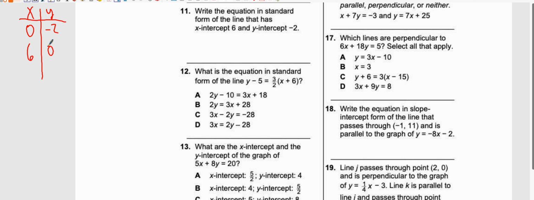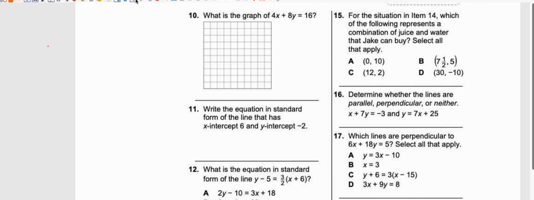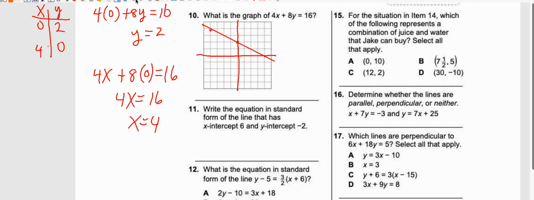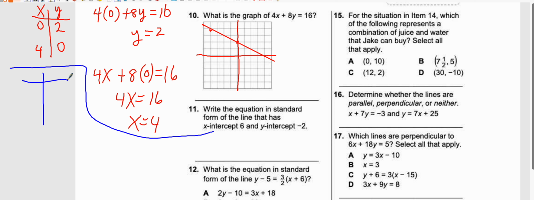I should have saved the last equation so we could look at it. I'm gonna back up a ways. Okay, change color. So write the equation in standard form of the line that has x-intercept (6, 0) and y-intercept (0, -2).